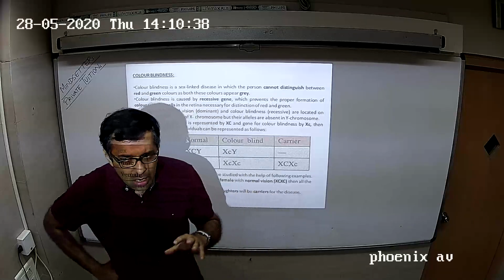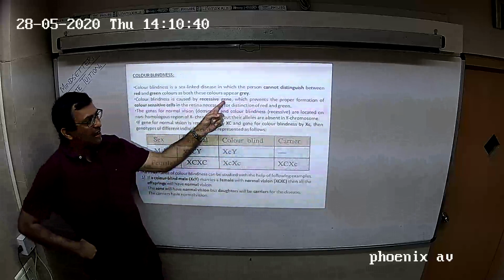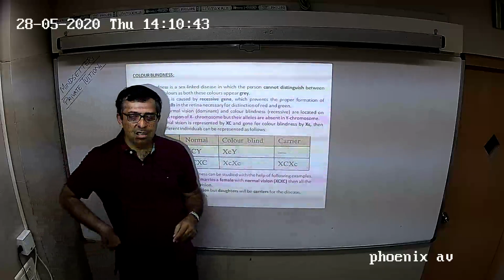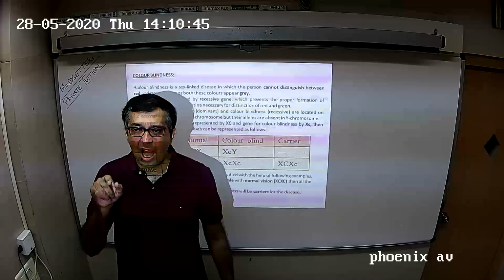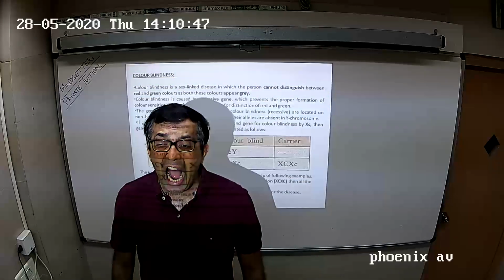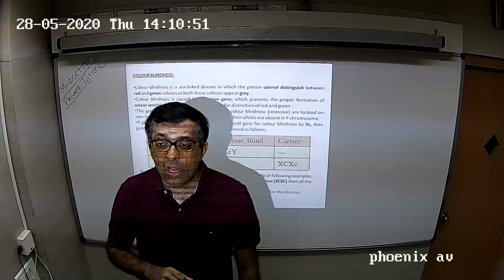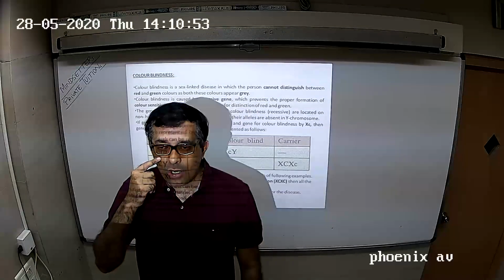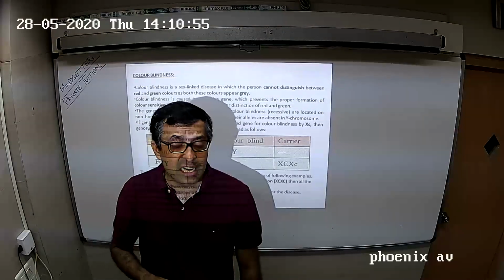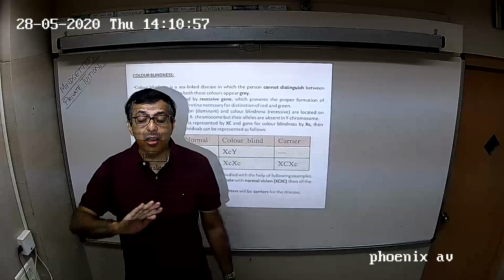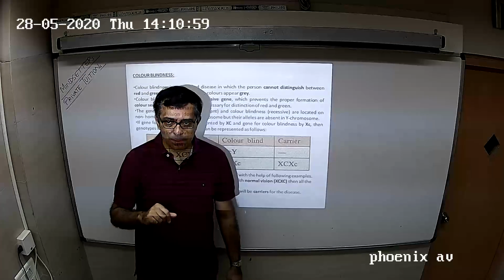So color blindness is caused by that recessive gene, and the recessive gene does not allow formation of iodopsin. Iodopsin is the pigment found in the cones, and because of its absence red and green color cannot be distinguished, it appears grey in color.